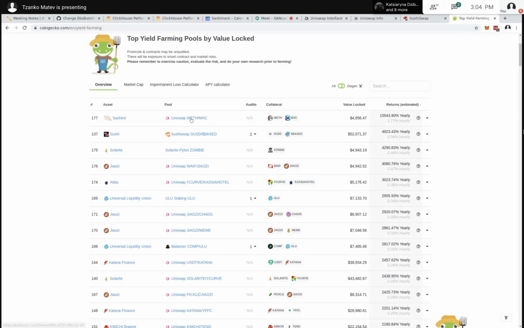And when I do that, I get a token which corresponds to my share of this pool. So let's say I put 10% of the liquidity right now, then my tokens will be 10% of all tokens minted by this pool.